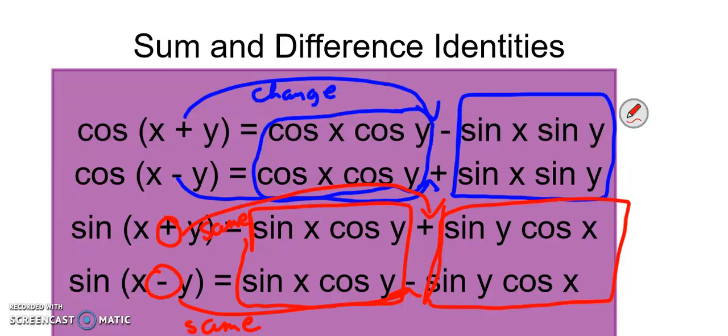For sine, the sines and cosines go together, sine and cosine, and the signs stay the same. So you're just going to have to figure out a way to remember that so that whenever the identity comes up, we can actually just use it. All right, so those are the two rules that we have for sine and cosine so far. All right, and then now the next video is going to have our example of using one of these.